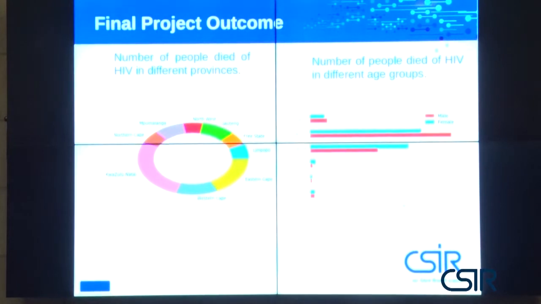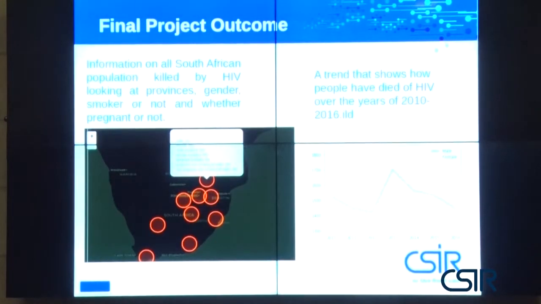Also, we've shown a statistic summary on the map. A user can just go on the map, click on every province and check the summary of those stats. I don't know if you can see, but for an example, we took Limpopo.